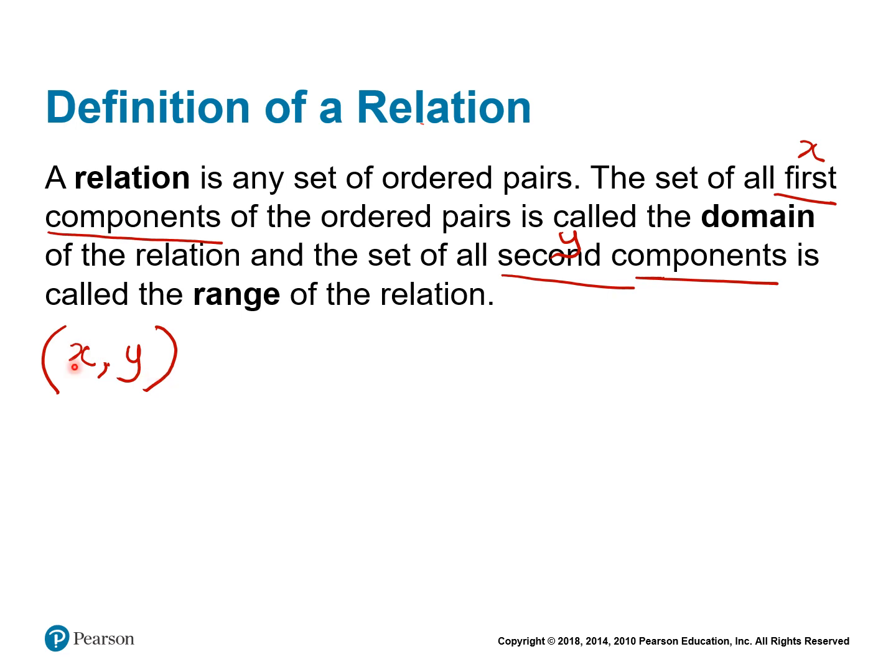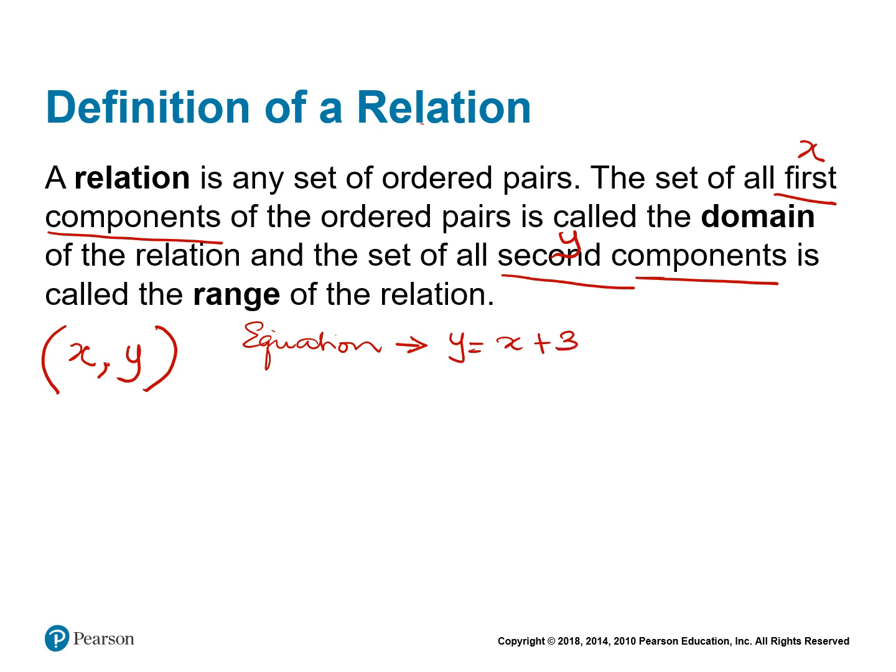So there's a relationship between x and y, but how is that relationship defined? The relationship is defined by what is called an equation. It can be any equation, but let's take a simple one here: y equals x plus 3.